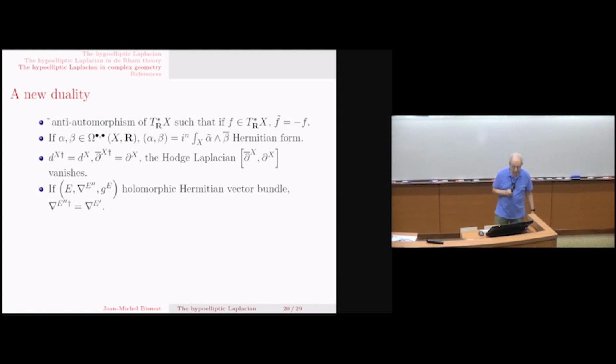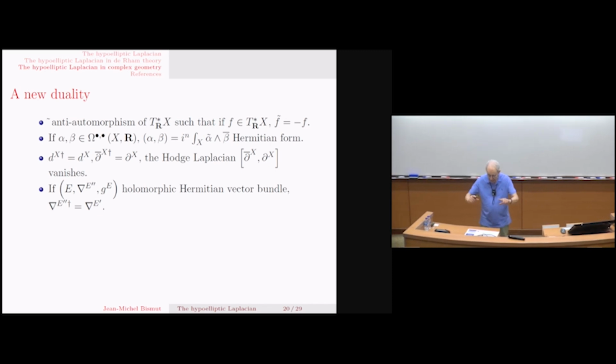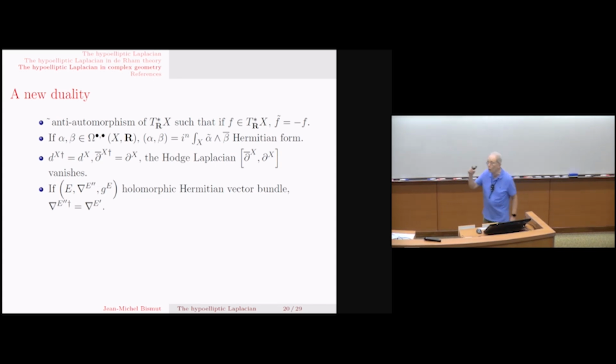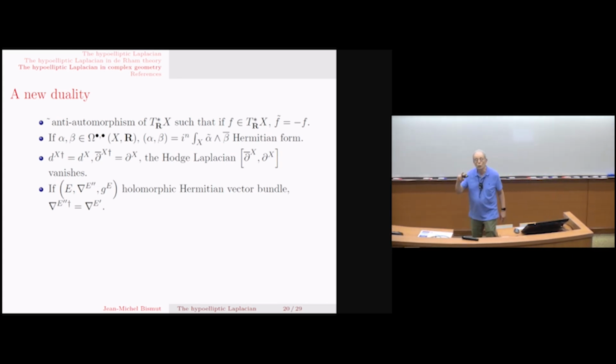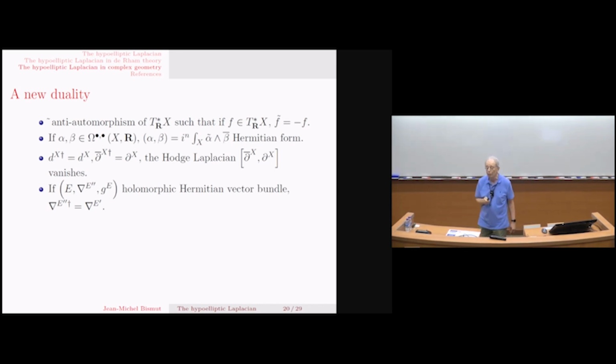If I give myself E to be a holomorphic Hermitian vector bundle, then by extending this pairing between forms to a pairing between forms twisted by sections of the vector bundle, what you find is that nabla E second, its adjoint with respect to this new pairing, is just given by nabla E prime.